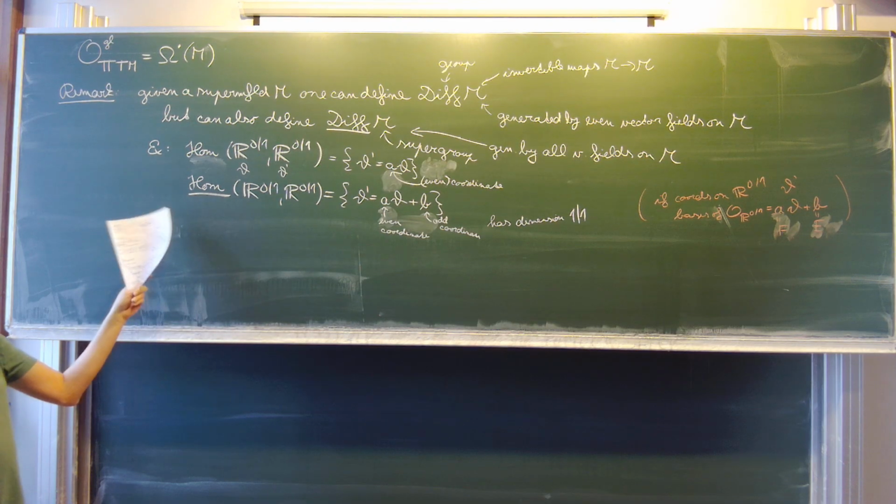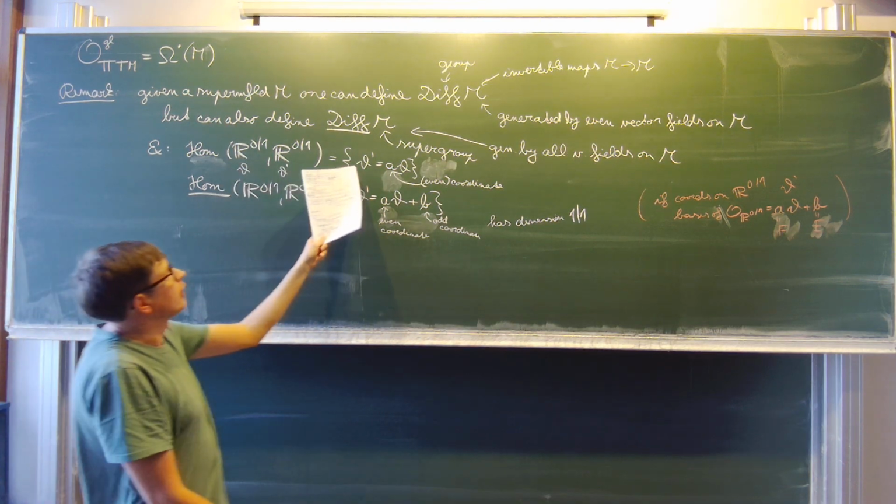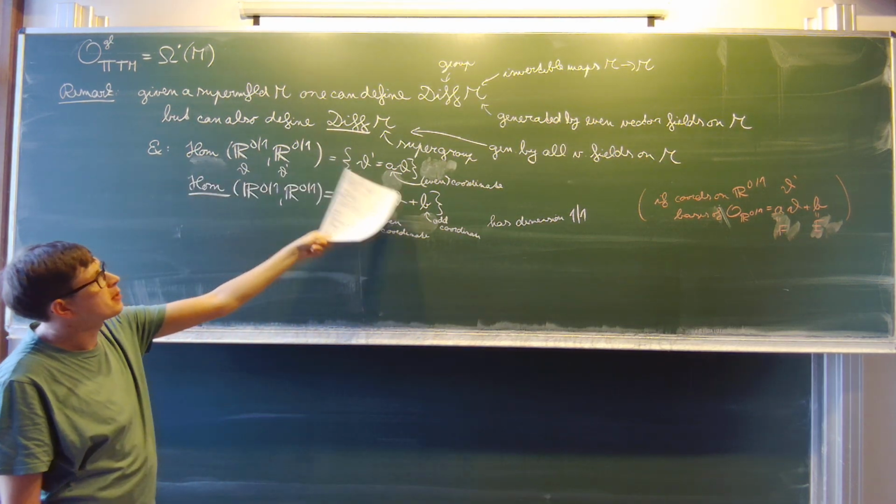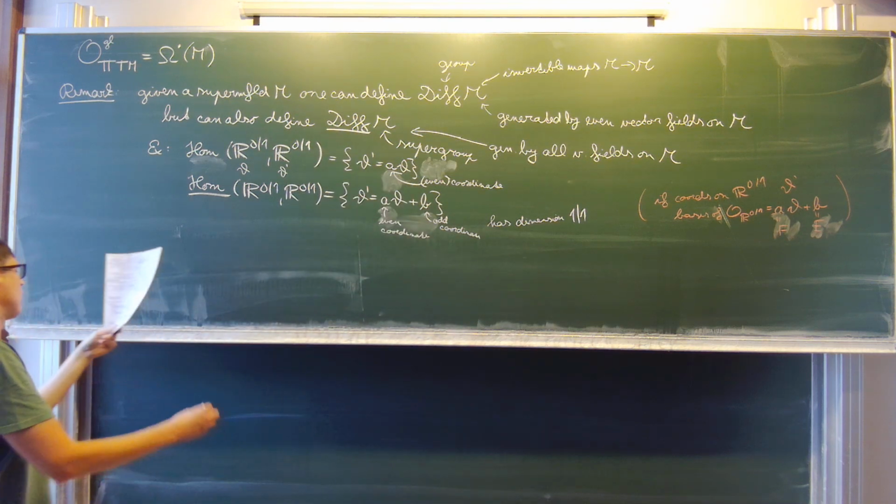Okay, so this is the home space. This thing here before had dimension 1 real dimension. This thing is dimension 1|1. And now let's do diffeomorphisms.